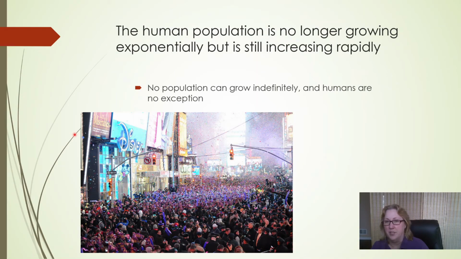Human population is maybe one of the more controversial ones to talk about because some people don't like to talk about human population. Our population is no longer growing exponentially. It had been growing exponentially for several centuries, and it's not anymore.